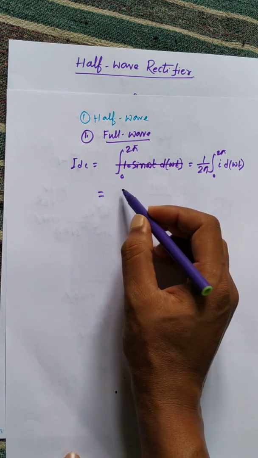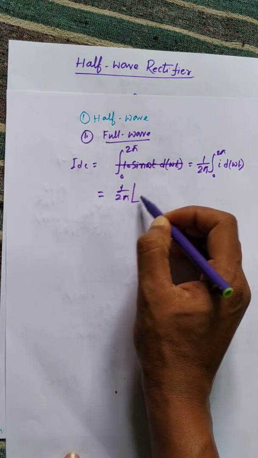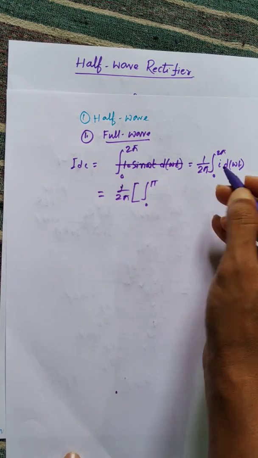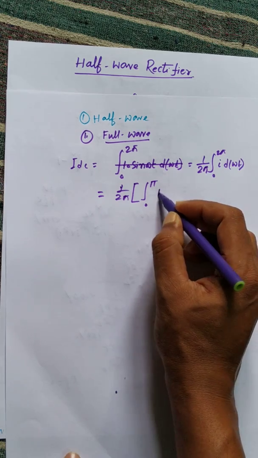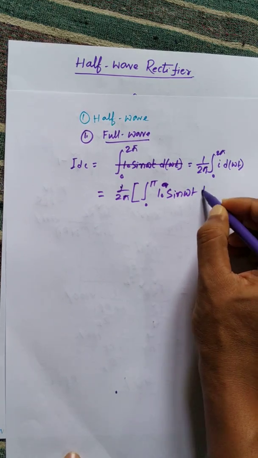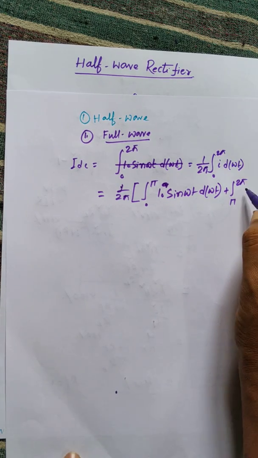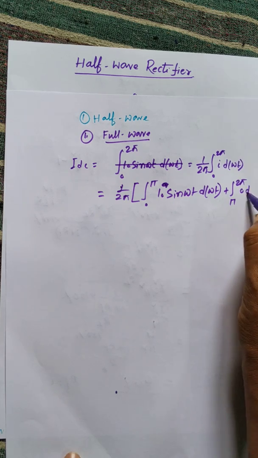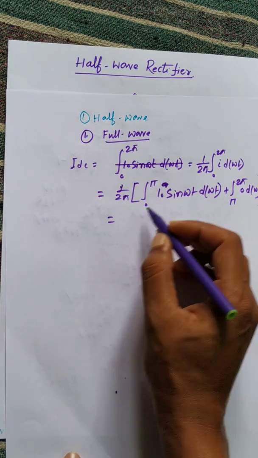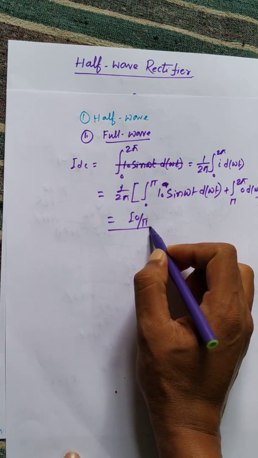This is equal to 1 by 2 pi times the integral from 0 to pi during the positive half cycle, of I0 sin omega t d omega t, plus the integral from pi to 2 pi of 0 d omega t, since no current flows in the negative half cycle. By integrating we get I0 by pi. So this is the average value of the load current.